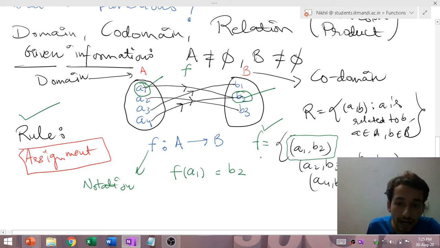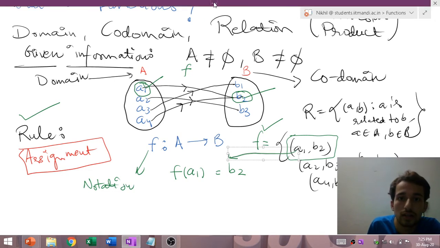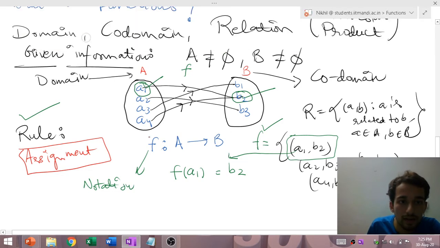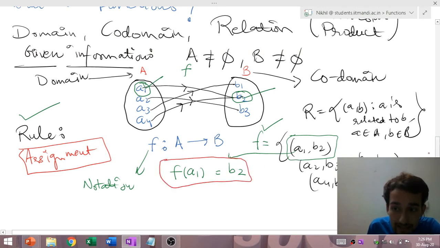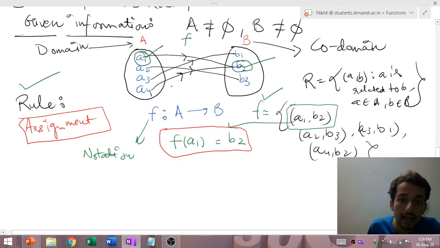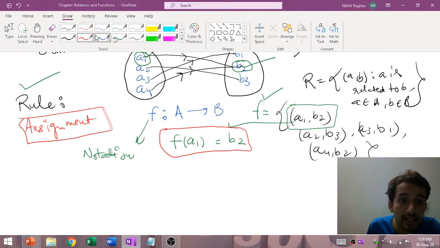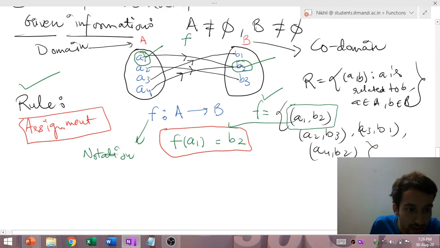Another way of writing this ordered pair is this way, and in this case we say that A1 is mapped to B2.